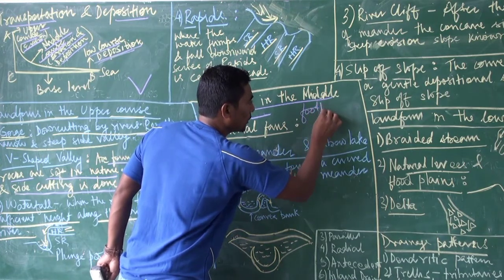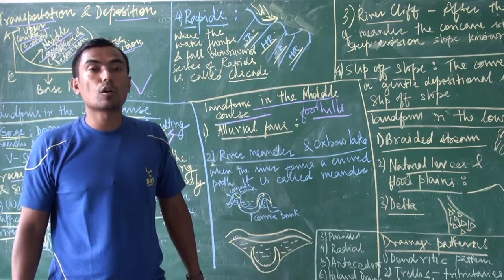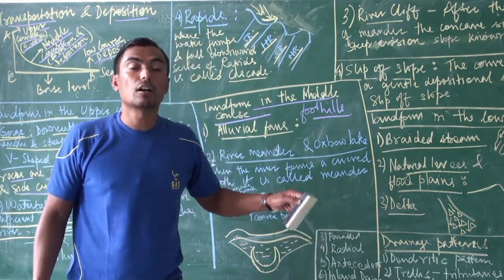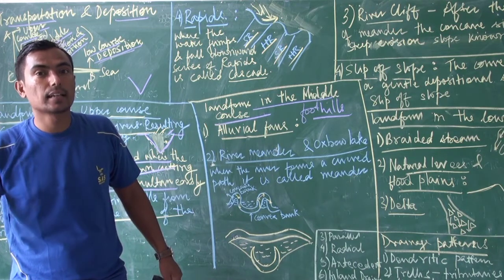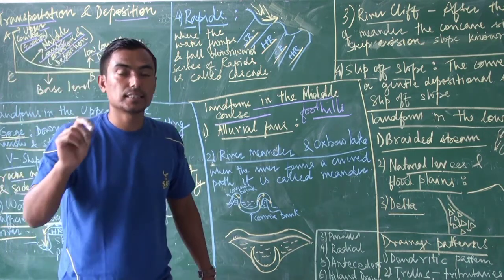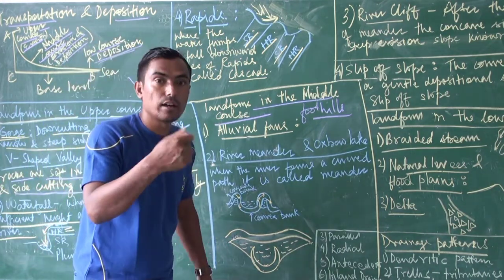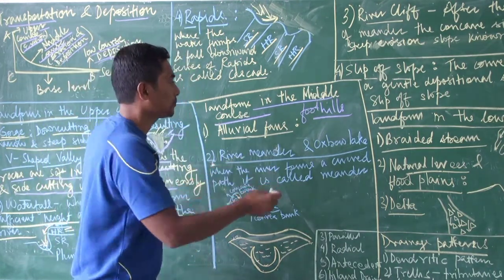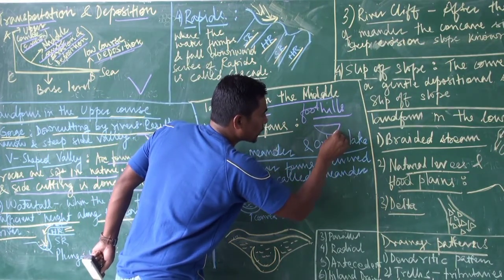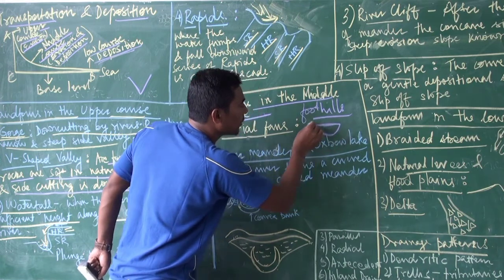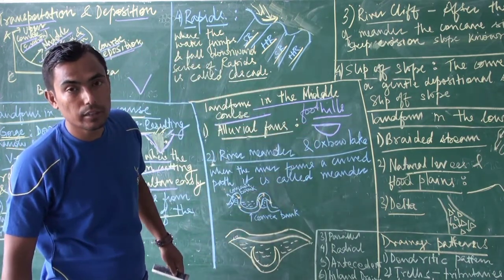The finer sediments which are brought down by the river Tista or by any river are deposited on that flat land. And when these sediments take the form of a hand fan, when the deposition takes place in the form of a hand fan, this deposition is called an alluvial fan.